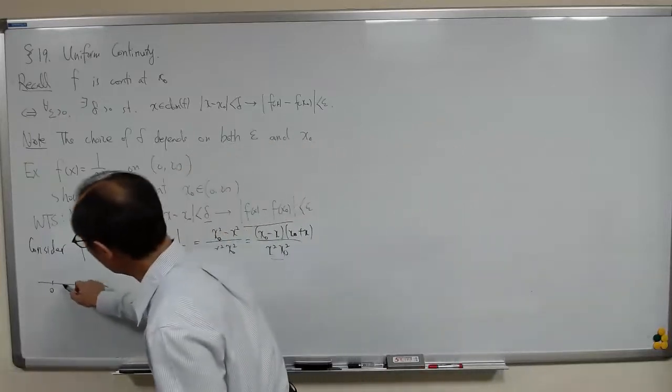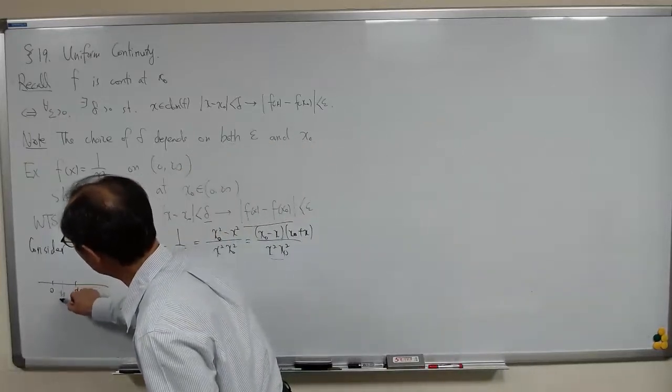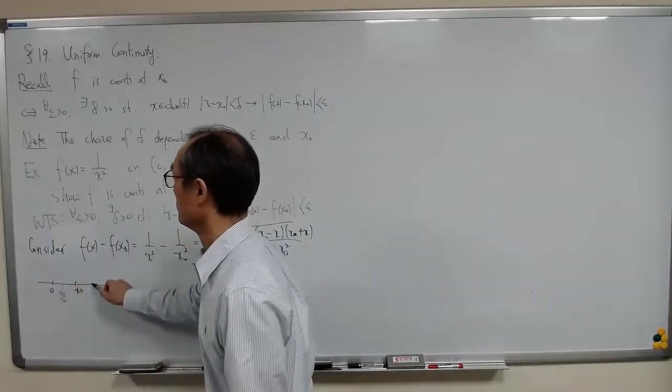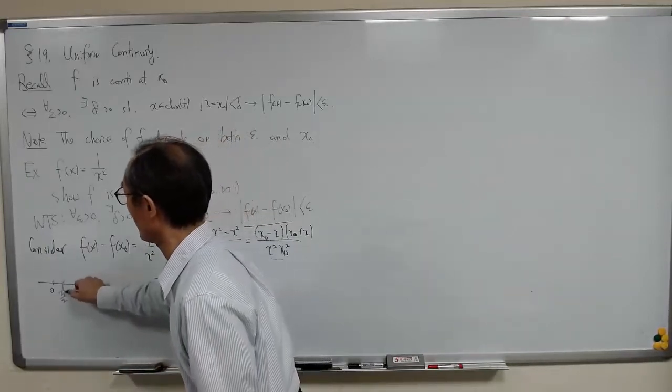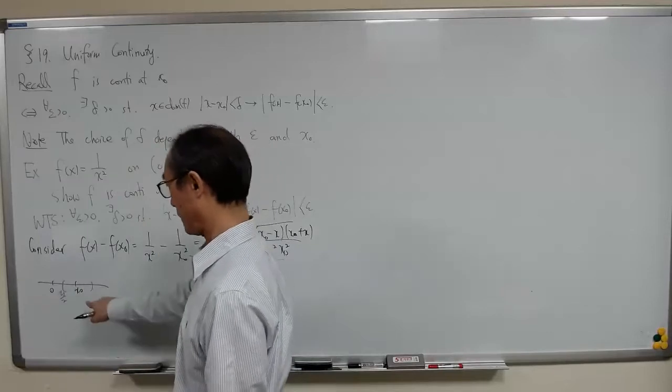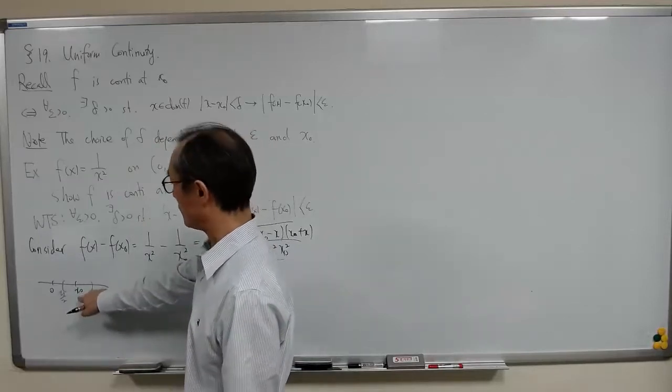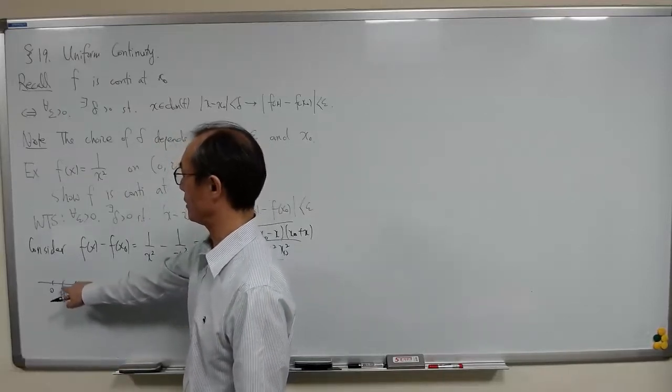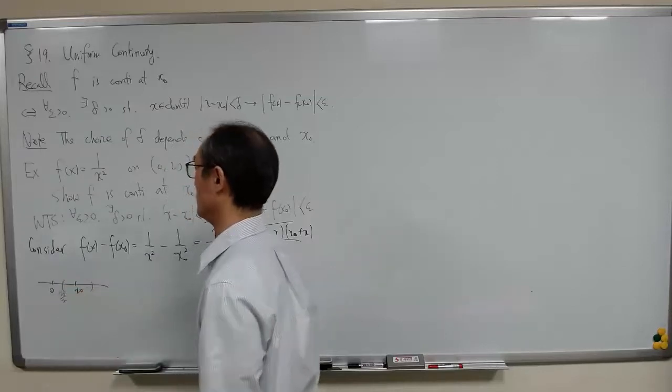So what if we consider the radius to be half of x naught? We consider the delta neighborhood as the neighborhood centered at x naught with radius half of x naught.